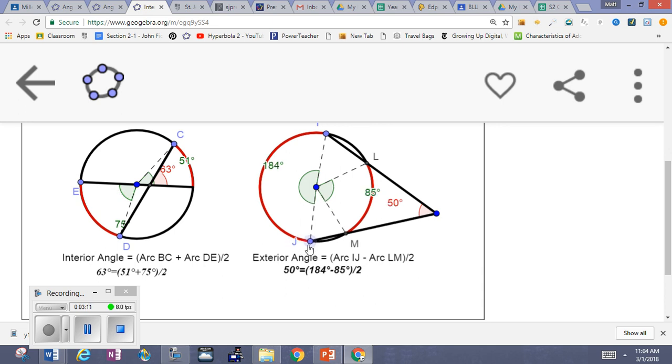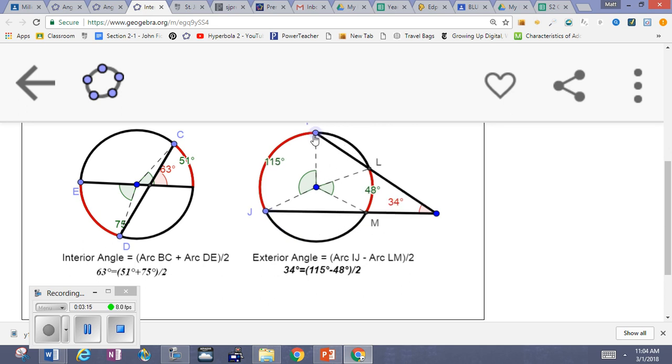Again, I can manipulate this, change these into smaller arcs. I got a 111 degree arc out there, and I got a 45 degree arc closest. The furthest minus the closest, 111 minus 45, is going to give me 66, half of which is going to be 33. So those are the two new angles.